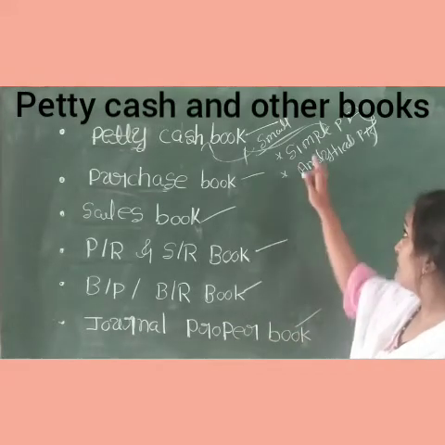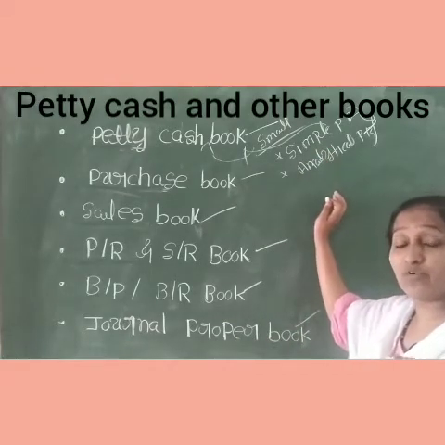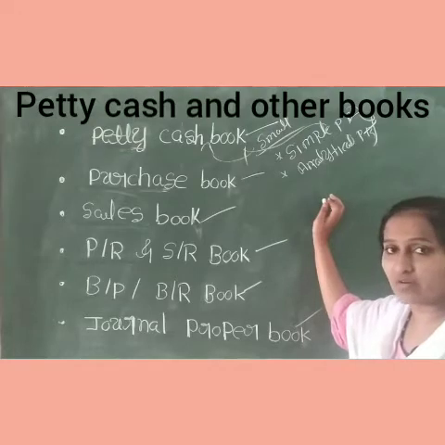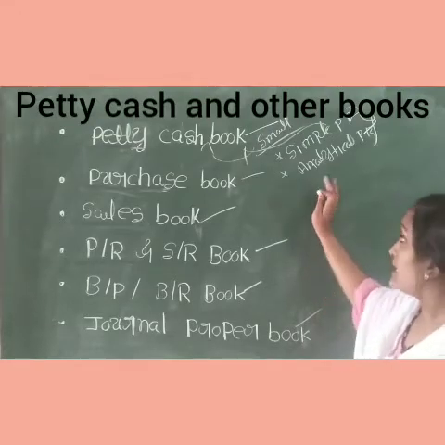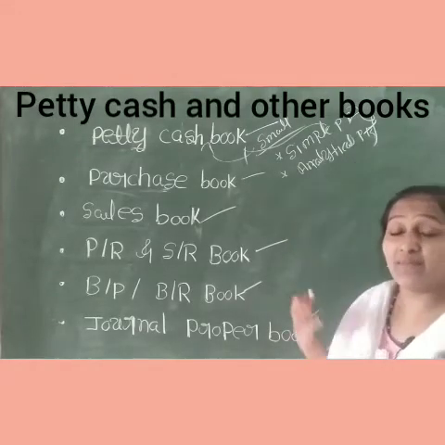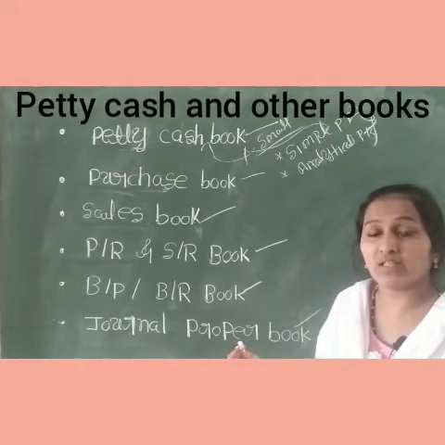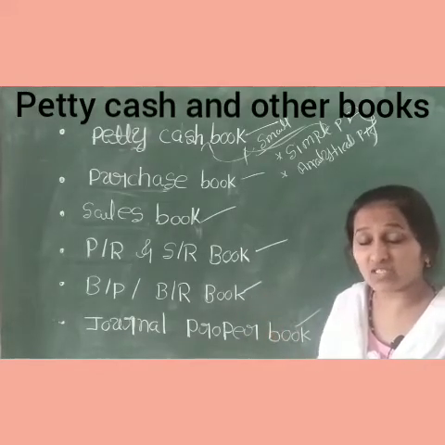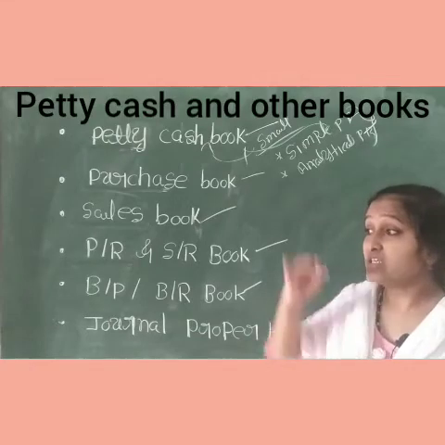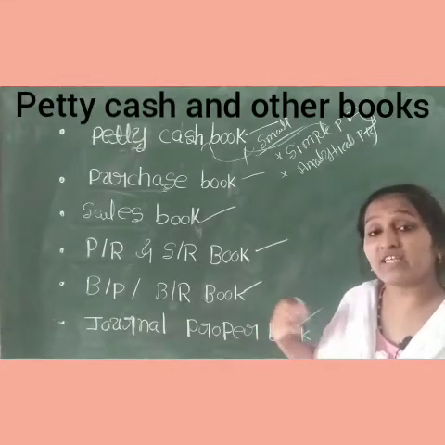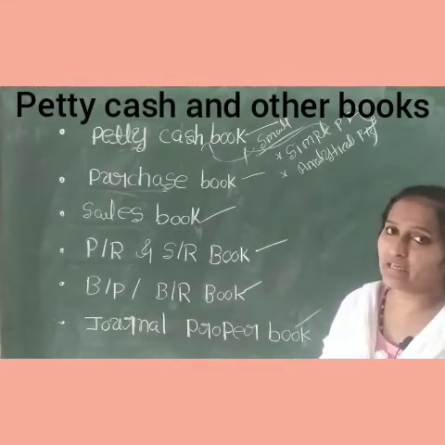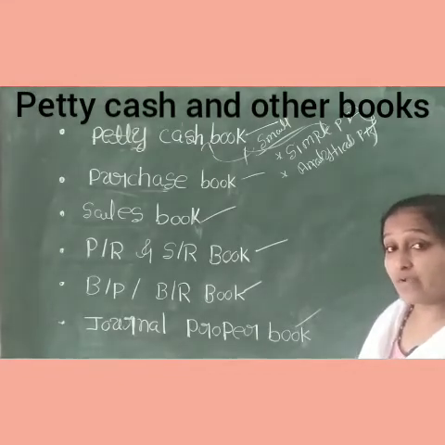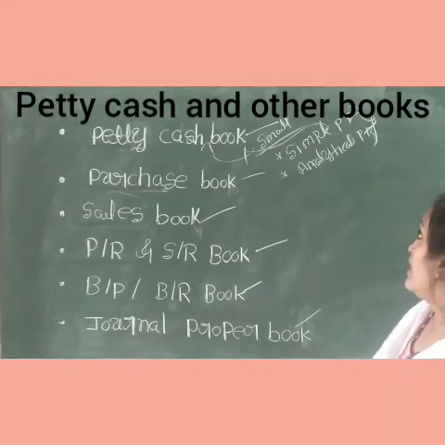When it comes to the simple petty cash book, we will have only one amount column, whereas in the analytical petty cash book it is comprehensive: for each and every expenditure given in the question, we prepare a separate amount column. That is what differs from simple to analytical.